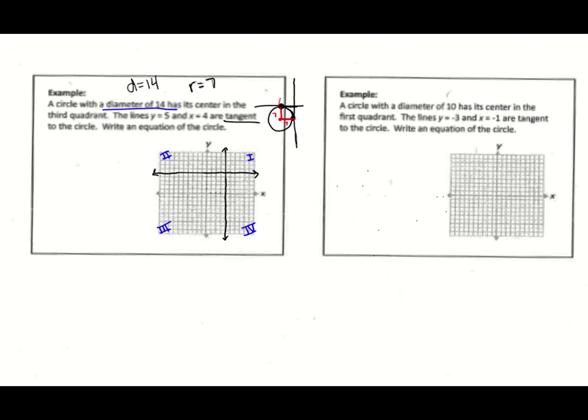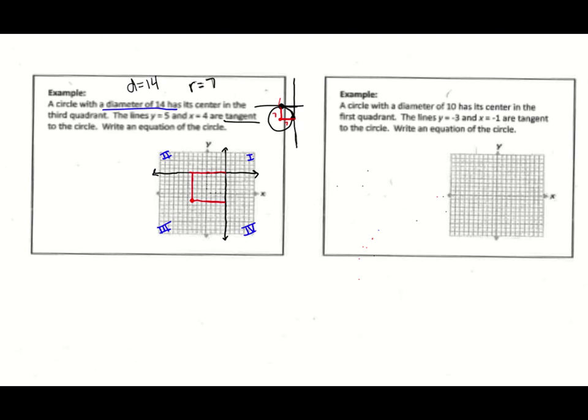So if I look right here, I'm going to start by counting over 7. 1, 2, 3, 4, 5, 6, 7. And then I want to go down 7. 1, 2, 3, 4, 5, 6, 7. So that gives me a point right here where I have a 7 radius here, a 7 radius here. This would give me my circle.